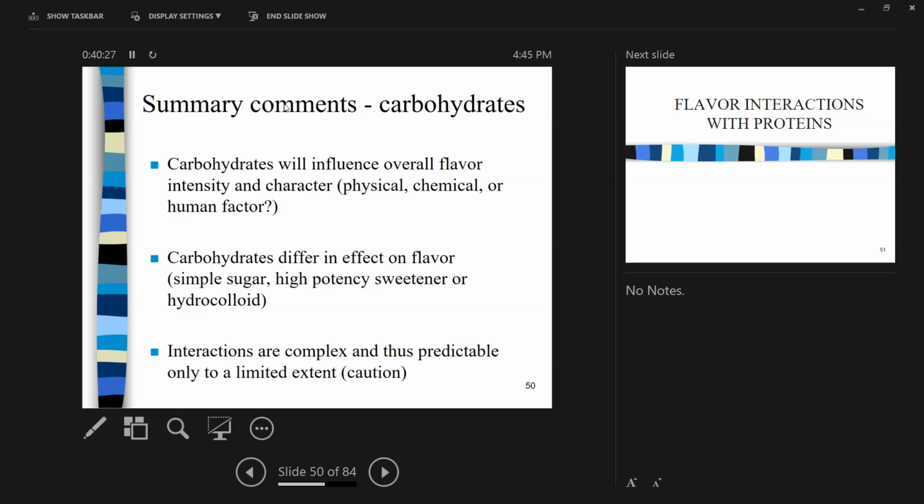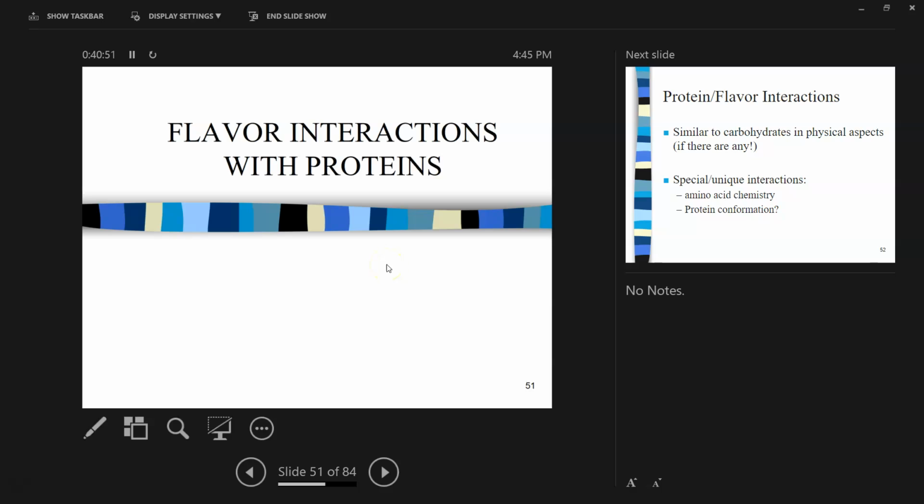And so it's definitely going to change. Interactions, I love that one, are complex and unpredictable. For fat, we can say we got fat down. We know it's going to happen. We may not be able to fix it, but we know it's going to happen. When you get to carbohydrates, you don't know what's going to happen. And it really hasn't been studied well enough to have some good predictions. So it's an interesting one.